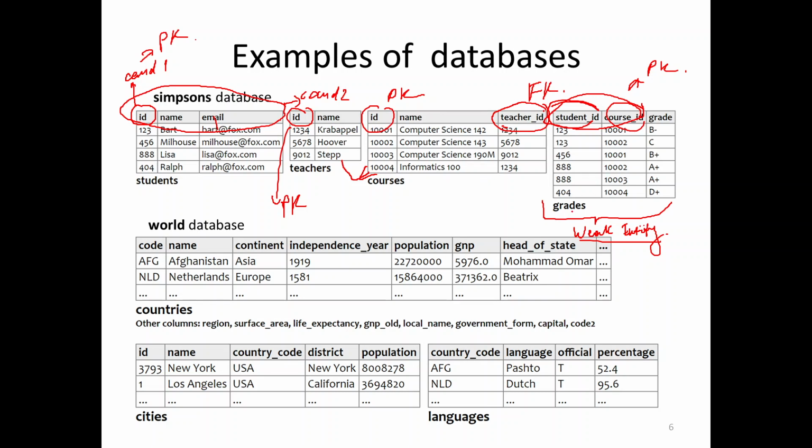Now we can give a name to this weak entity, grades, and say, for example, Bart can take computer science. How do we represent that? We write down Bart's ID and the ID of the computer science course. And then we can put some additional information about Bart taking this particular course.